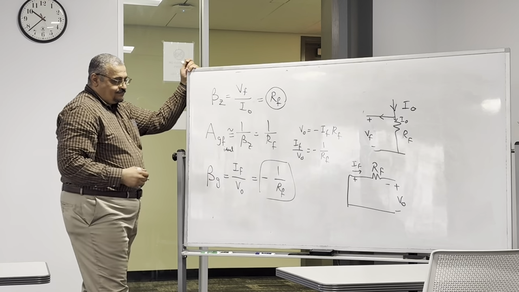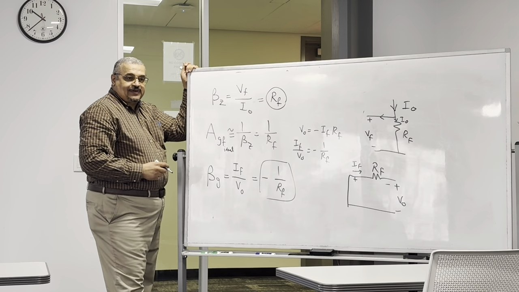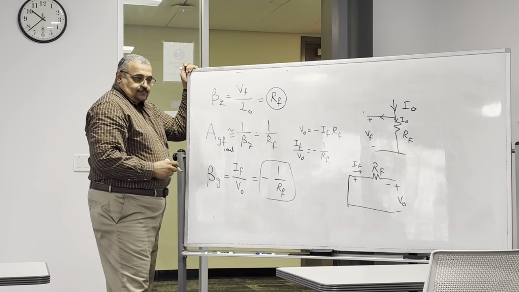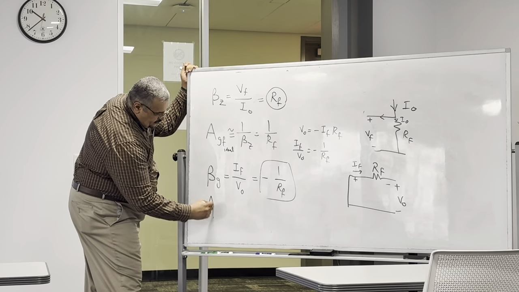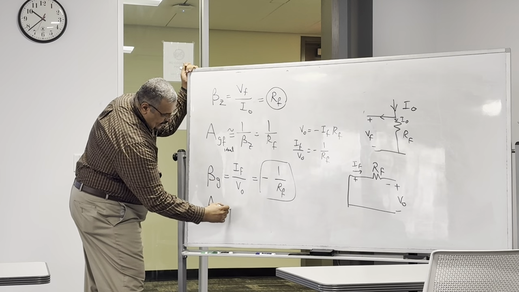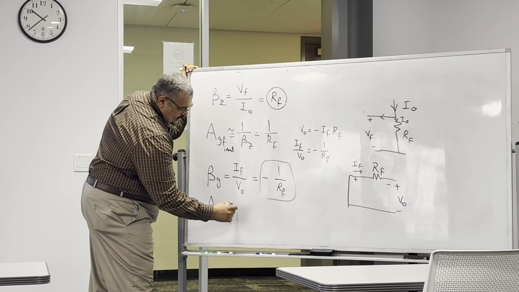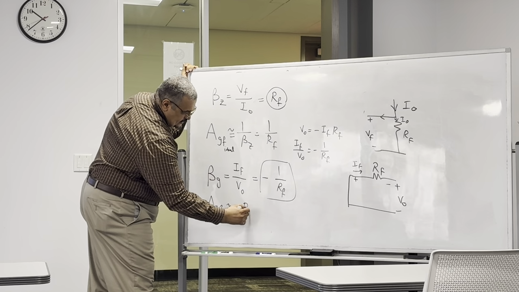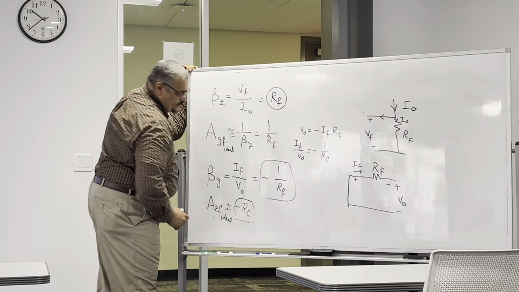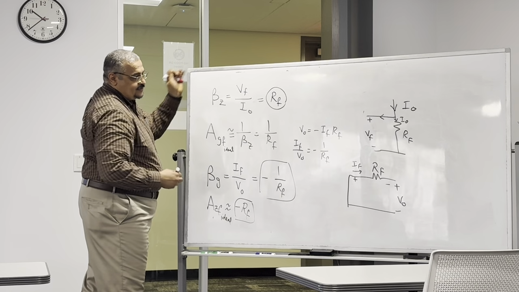So what's the final gain of this amplifier? The ideal gain of this amplifier, A Z feedback, roughly is going to be minus R, which is the reciprocal of this one.